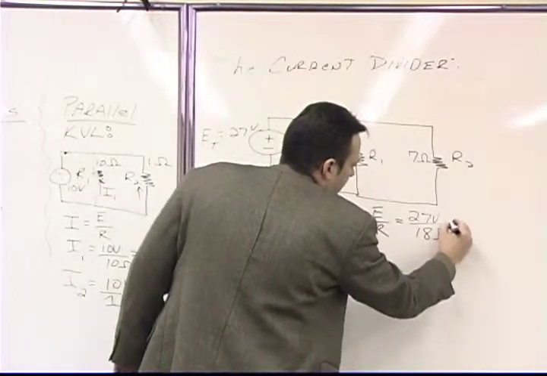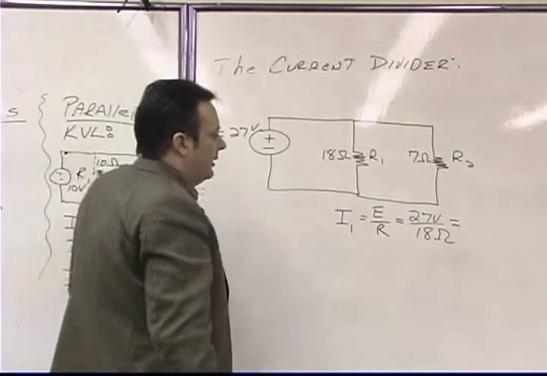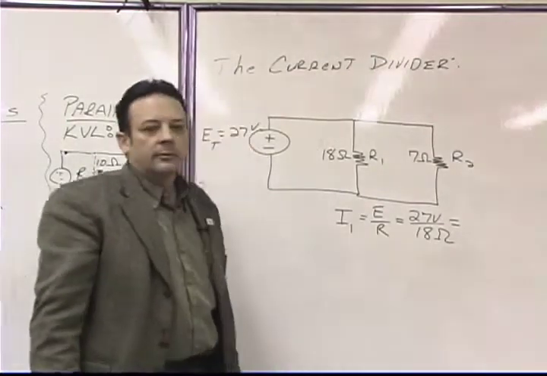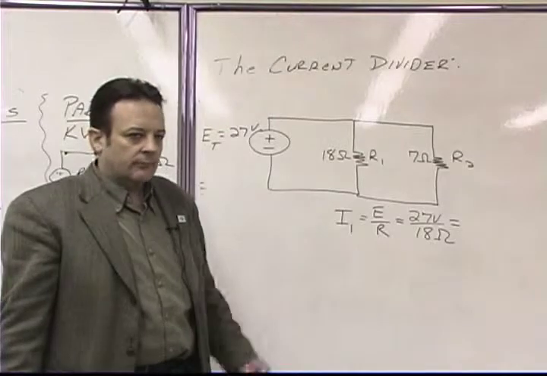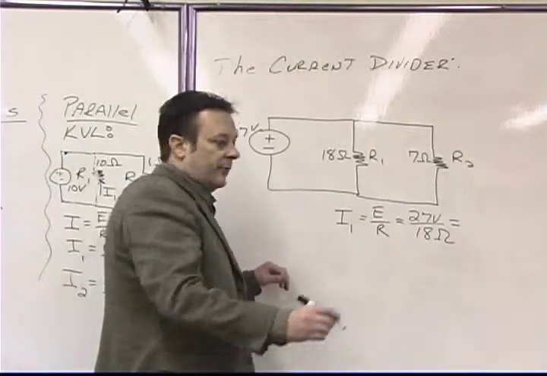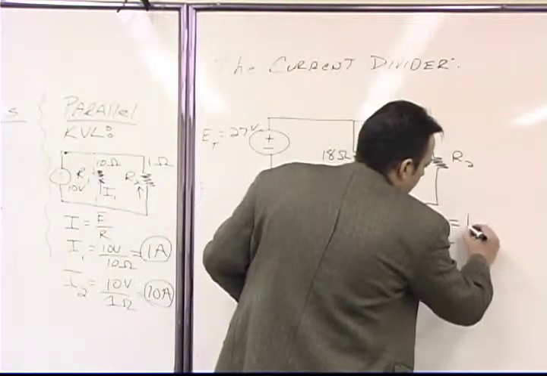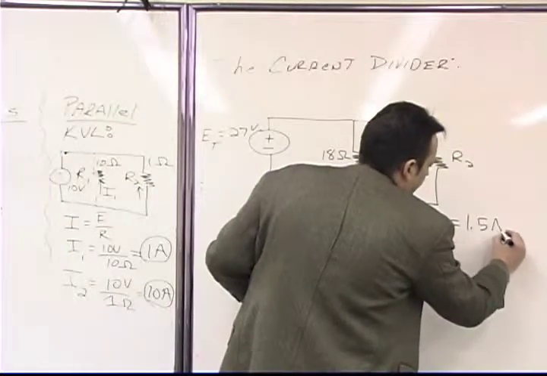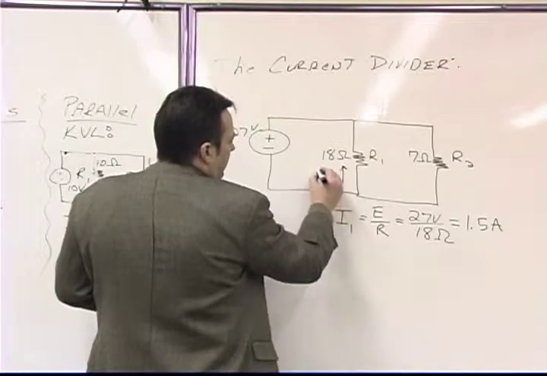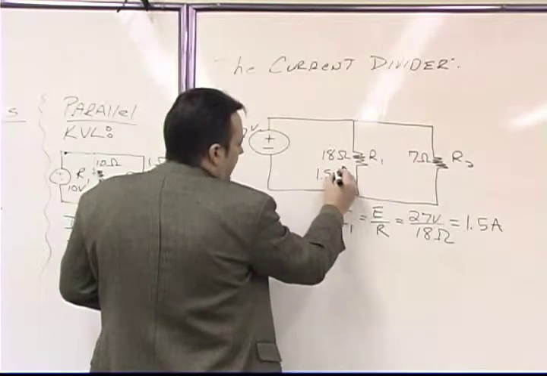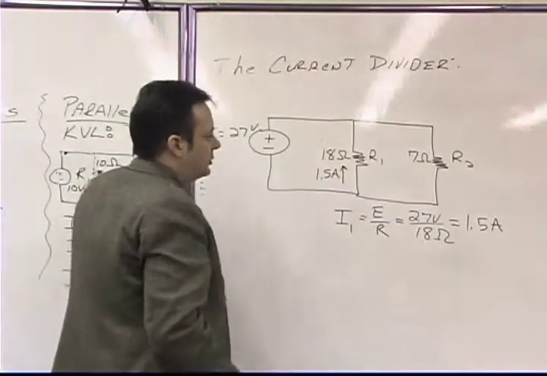Somebody with their calculator, tell me what they get when they divide 27 by 18. Is that 1.5? So we got 1.5 amps. We'll write that here. We've got 1.5 amps flowing into that branch.